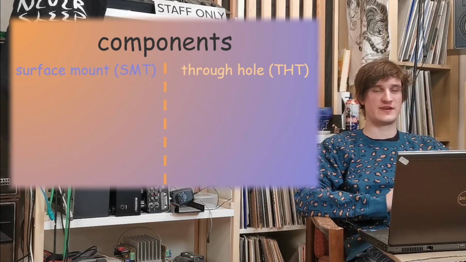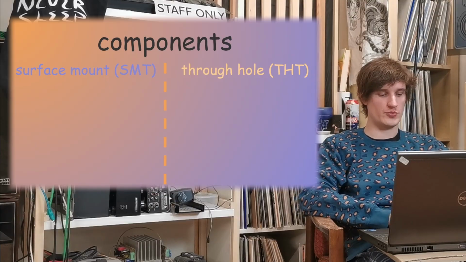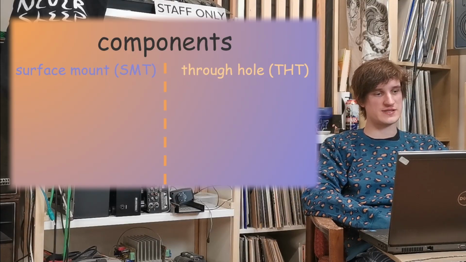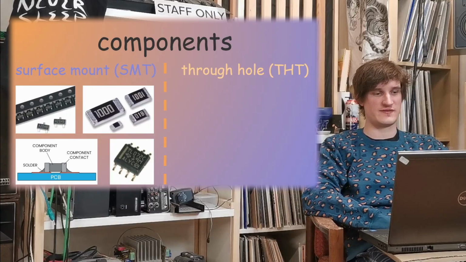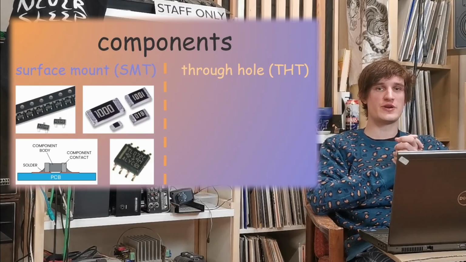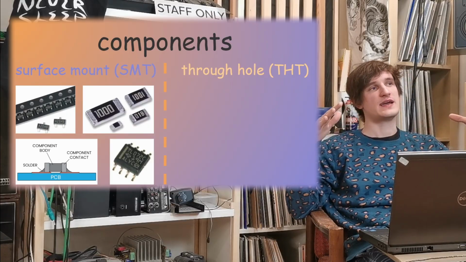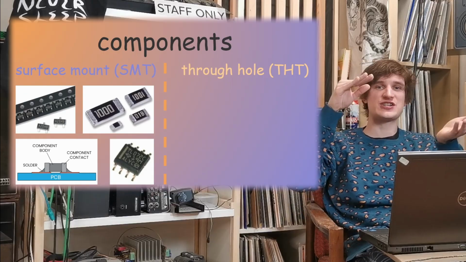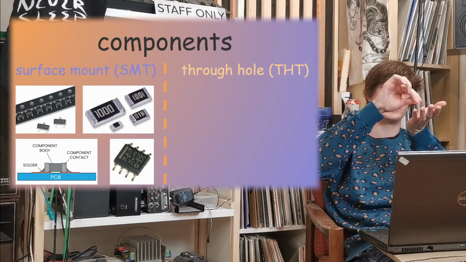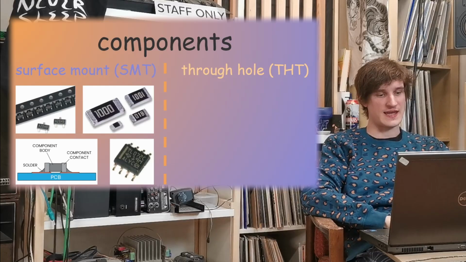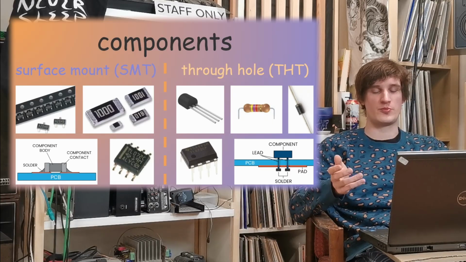Also, we can classify components into two groups. The first group is surface mount, and here we are talking about the technology of attaching the parts to the board. Surface mount parts are just soldered to the surface of the board. And then we have through-hole components.